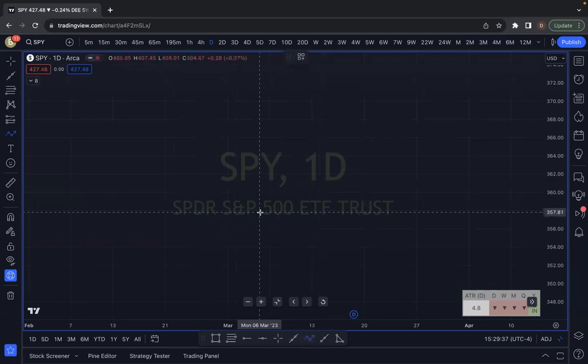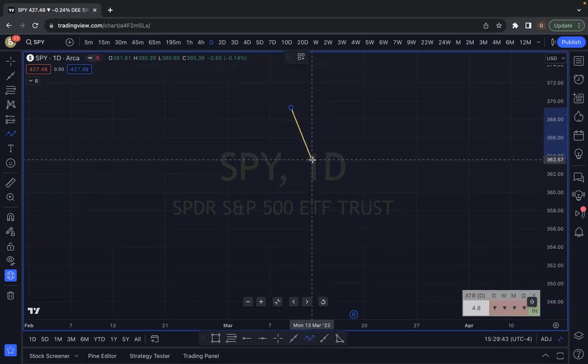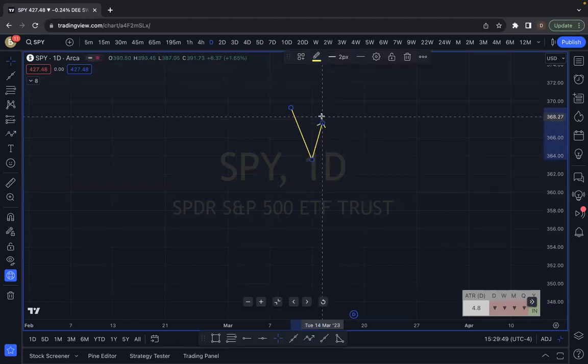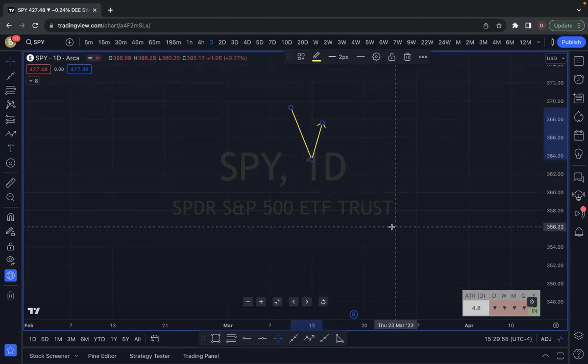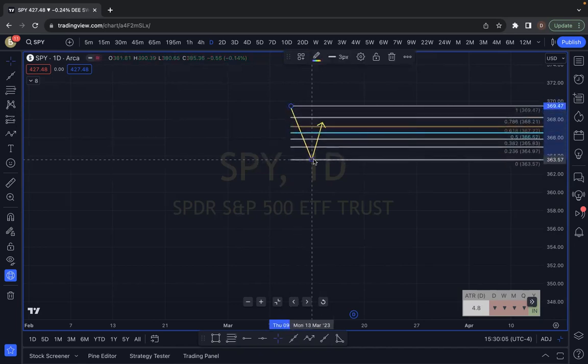So if we were looking for a leg, if we were selling off, this was bearish, right? We had some type of pullback right here. Let's say we had a pullback right here. We would want to see, where did that pullback happen for us to catch a reversal back to the downside? So in a downtrend, you attach your fib from the top of the swing high to a swing low.